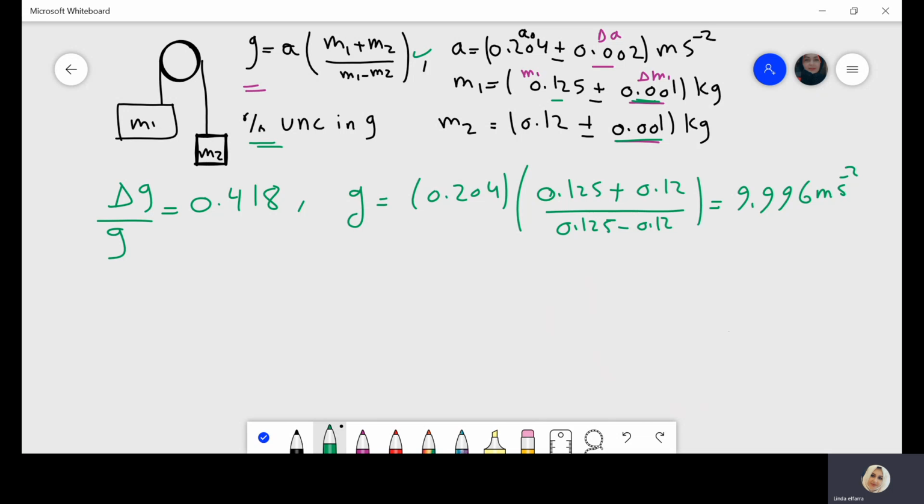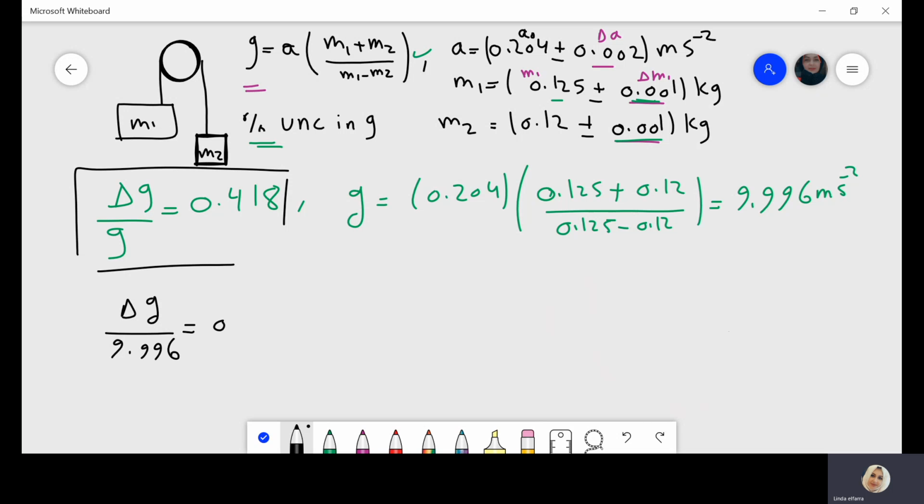So I need to substitute now in this formula. Delta G divided by the calculated value of G, which is 9.996, will give me 0.418.